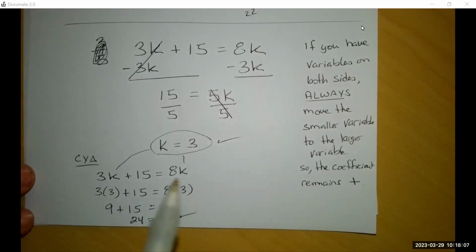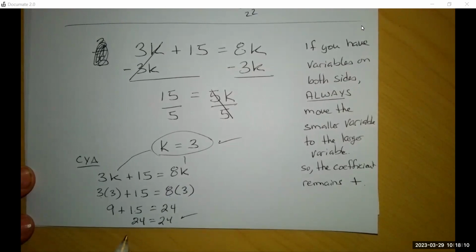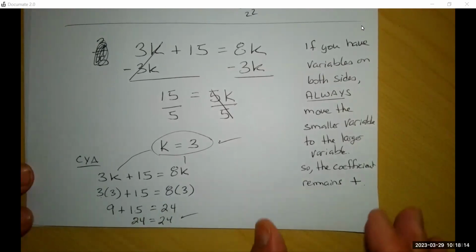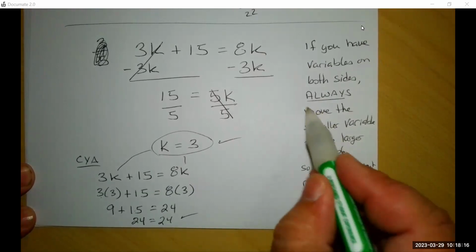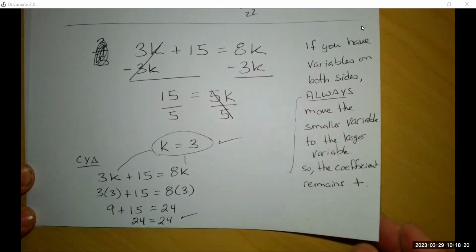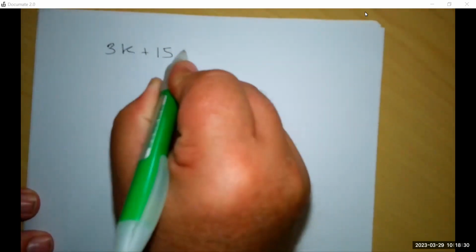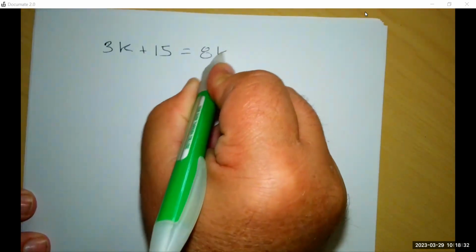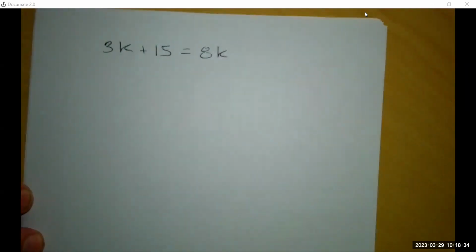Okay, let's see what happens if you didn't do what I just said. What if you move the larger to the smaller? Remember, I tell you, always move the smaller to the larger. If you don't do that, let's move this bigger to the smaller.